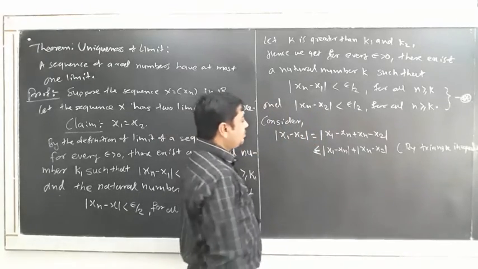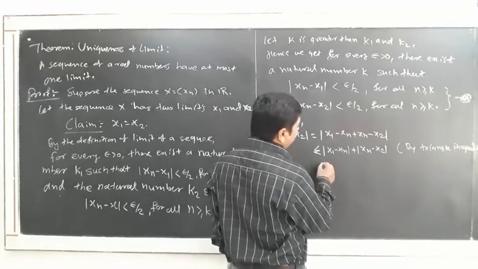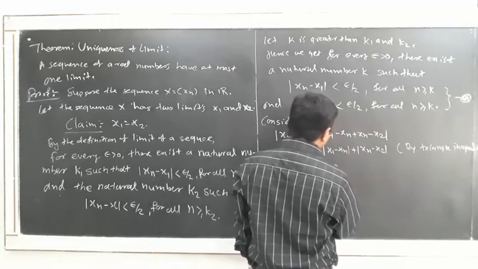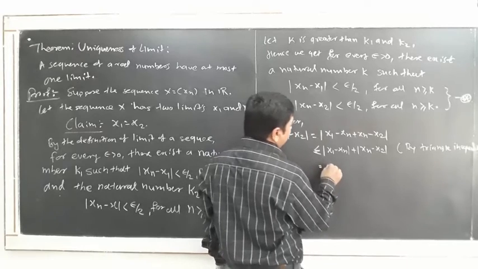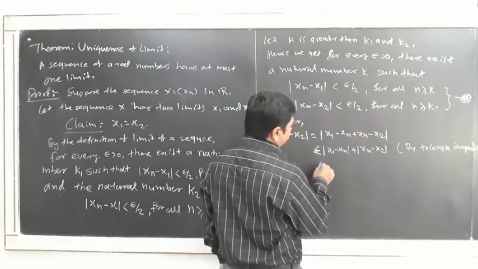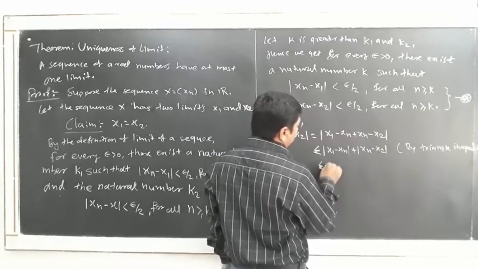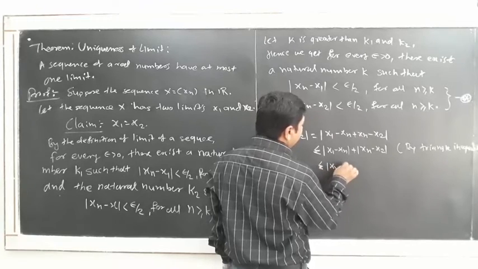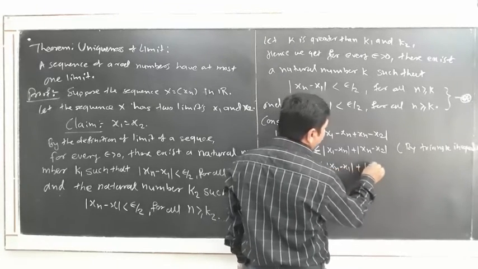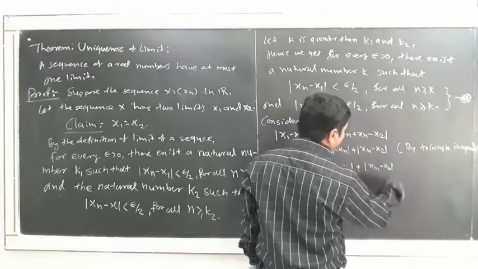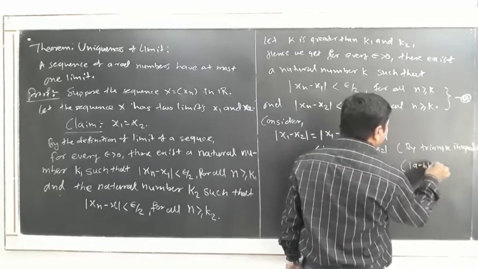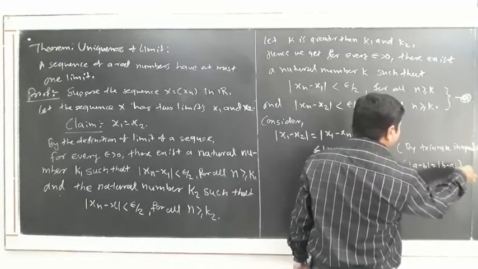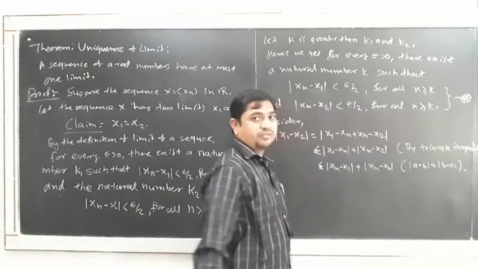This can be written as mod of xn minus x1 plus mod of xn minus x2. Here we used the property that mod of a minus b is equal to mod of b minus a.